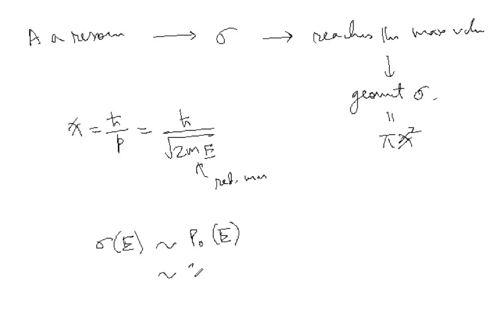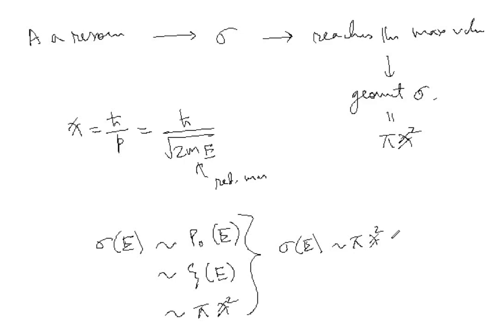Next we observe that there is an energy dependence as well. Next we observe here that it also has a dependence on pi lambda square. So if we consider all these effects, then we see that sigma of E is proportional to pi lambda square P0 at E, or penetration probability, into this Breit-Wigner resonance term.